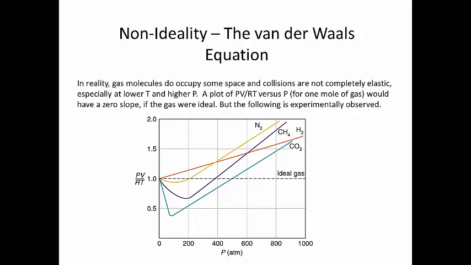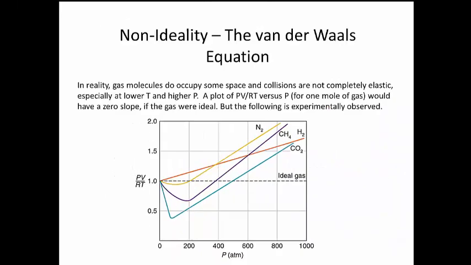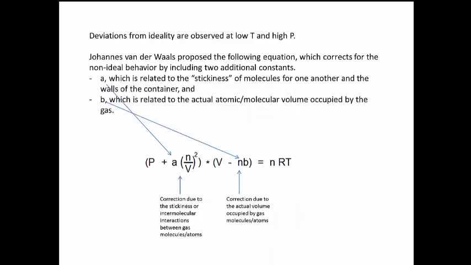So there are definitely deviations from ideal behavior, but these deviations, again, only occur at very high pressures or at very low temperatures. And our reality is closer to the left side of this plot where the pressure is like 1 atmosphere or so. And if you notice this plot, the deviations really don't show up until you get to much higher pressures. So, deviations from ideality can be observed at low temperature and high pressure.